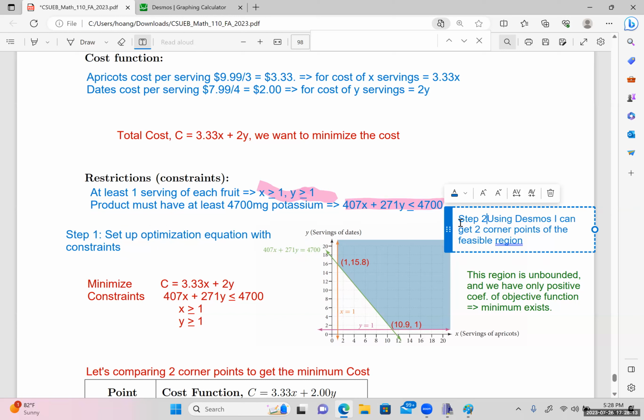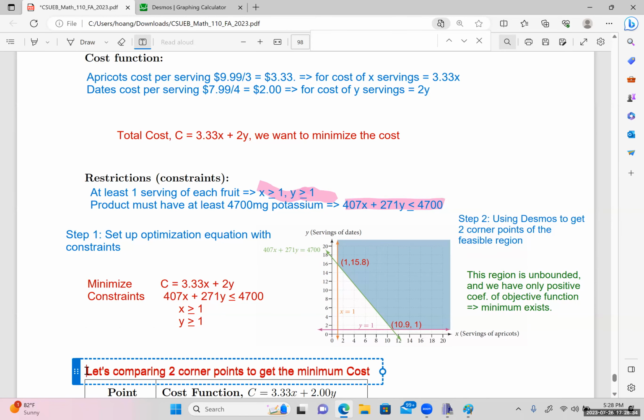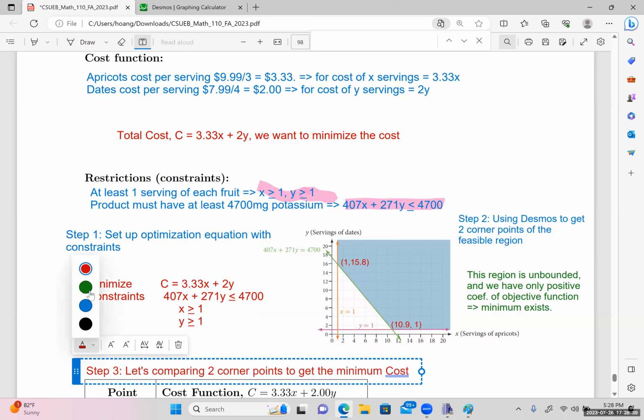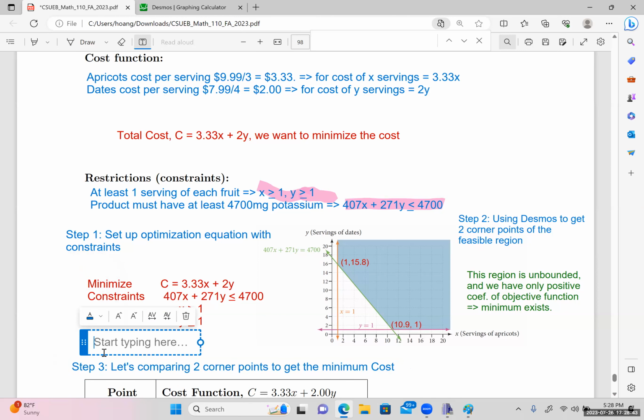Step 2 is using decimals to get the corner points of the feasible regions. Okay, and step 3 is comparing the corner points to get the minimum cost.